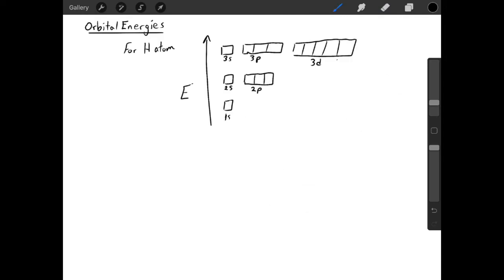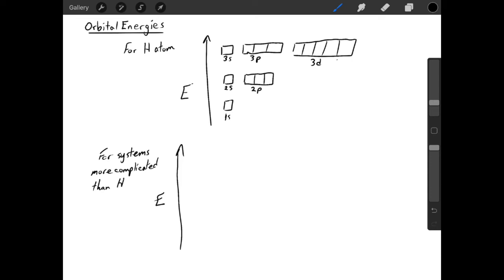Now, this is the diagram that you get for hydrogen, which has one proton, one electron, nothing else. And as soon as you get more complicated than hydrogen, the whole arrangement of orbitals is going to change. Now you have more than one electron. And remember that electrons are going to repel one another.